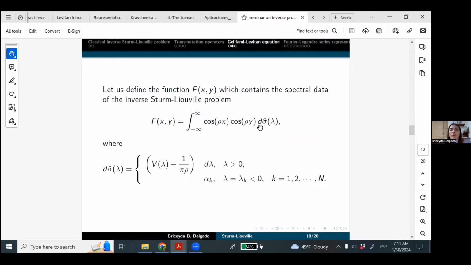We will have that this sigma is equal, for lambda positive, to the function b minus 1 over pi by rho, and for the values in the discrete spectrum, this sigma function will be equal to the normalized constants that we saw in the previous slide.